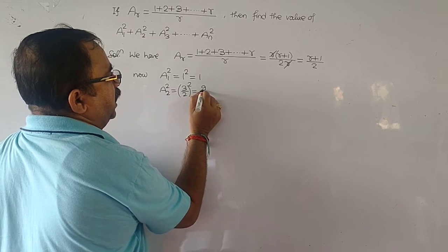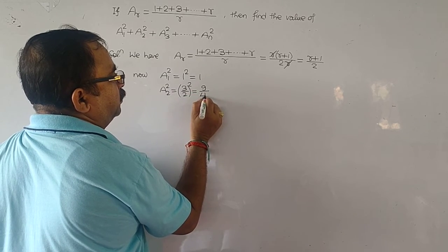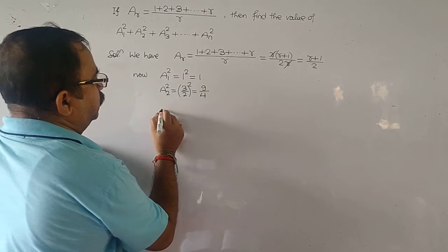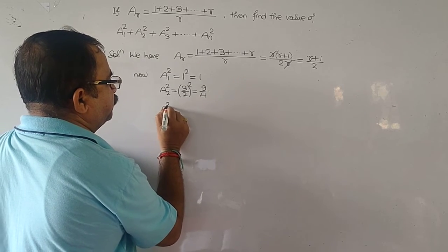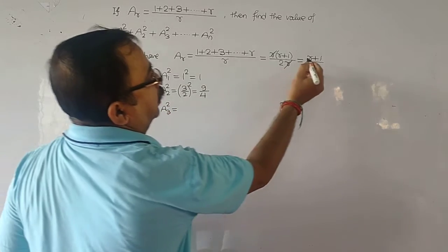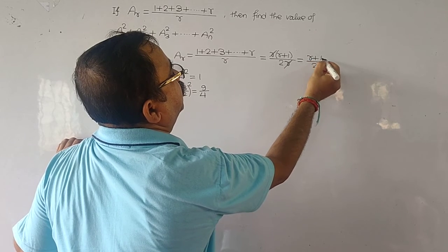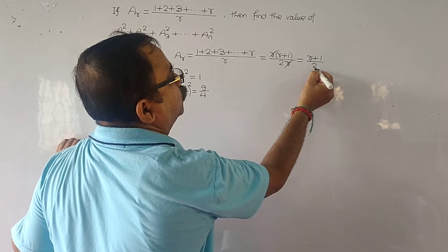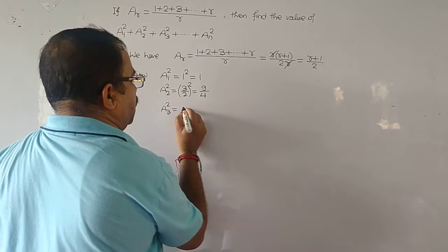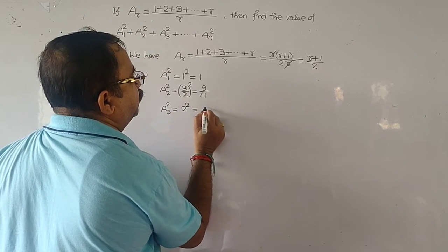This is 9 by 4. A3 square, substitute R equal to 3: 3 plus 1, 4 by 2, that is 2 square. This is 4.